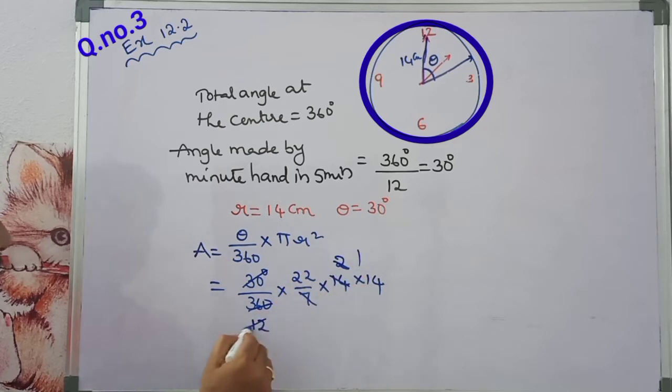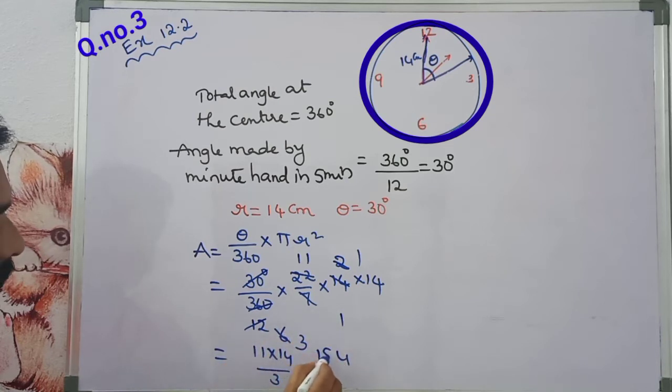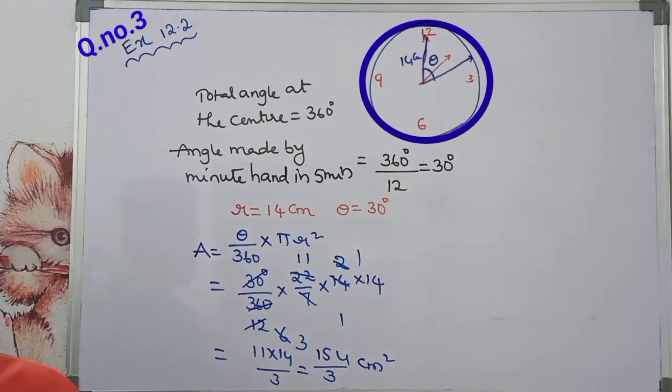Again 2 ones are 2, 2 sixes are 12, 2 threes, 2 elevens. So 11 into 14 by 3, which is 154 by 3 centimeter square. Therefore, within 5 minutes, the area swept by the minute hand is 154 by 3 centimeter square.